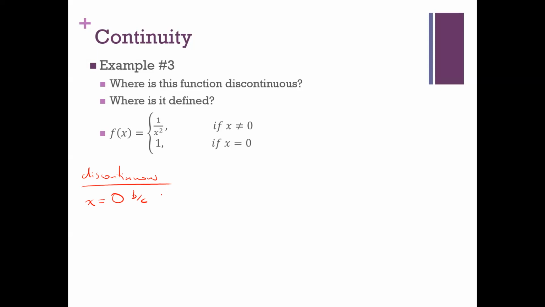Yep. Okay, so what is 1 divided by 0? Can't make sense of that, right? So really what we have here is the limit as x approaches 0 of 1 over x squared is not equal to f of 0. So that's enough. What is the limit?